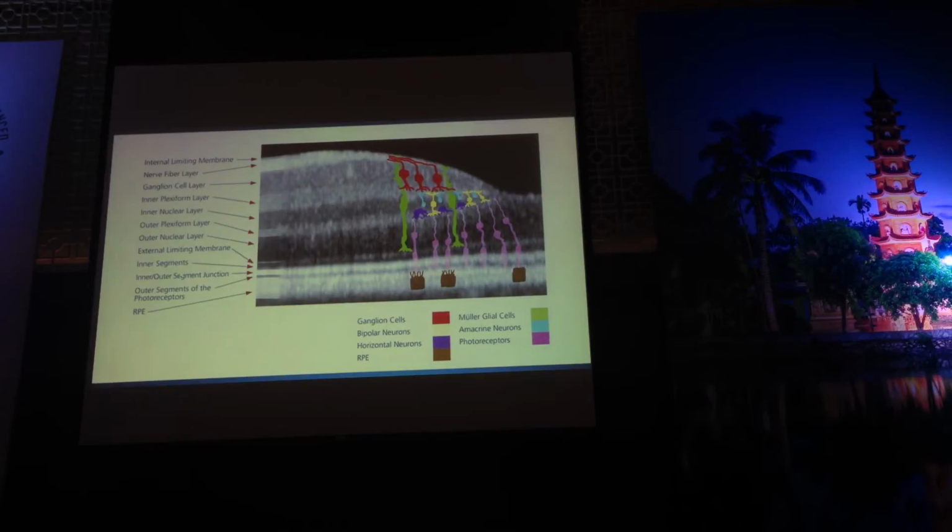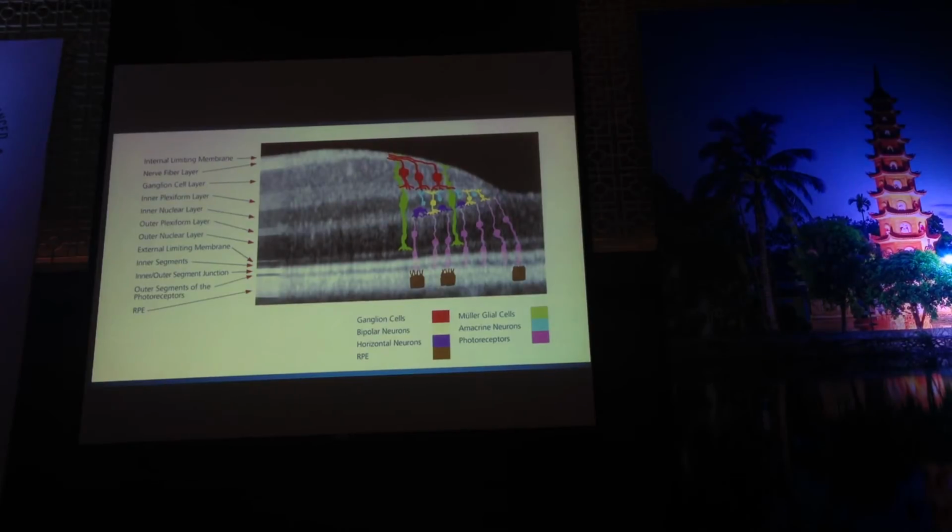If this IS-OS junction is lost at the fovea or macular area, we assume that the patient may not see well because the photoreceptor may have been damaged. Here lies the outer segment of the photoreceptor, and then the RPE. So in this picture, we try to correlate the layers that we get from the OCT machine with the real cellular structure of the retina to give you an idea how it's related.